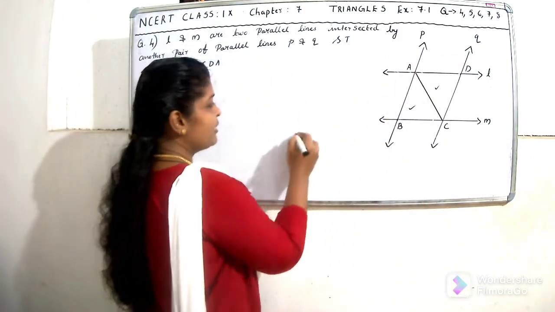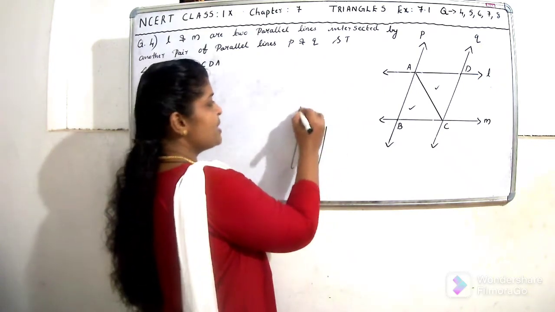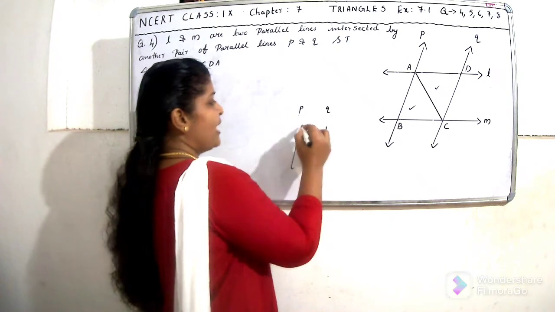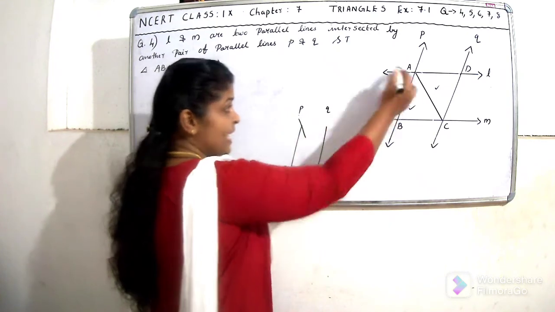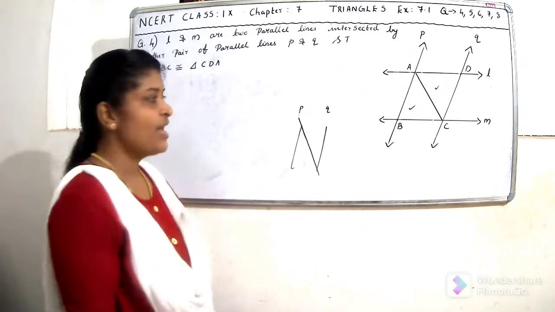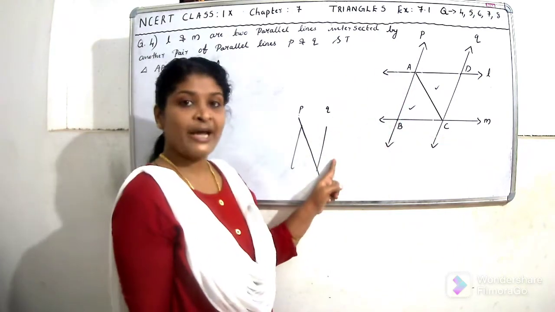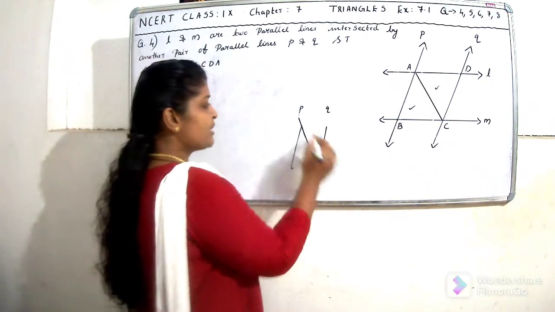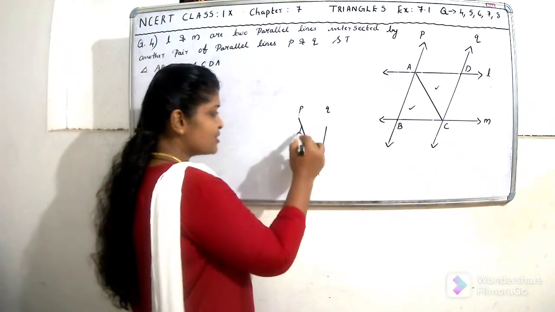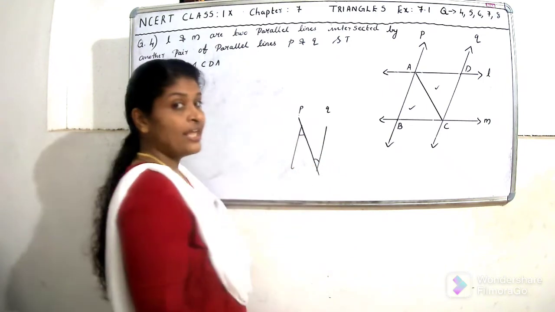Suppose we take these two lines as parallel, this is P and this is Q, and AC is the transversal. Because these two lines are parallel and this is the transversal, this angle and this angle are equal.